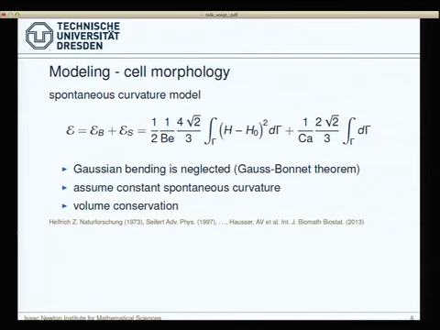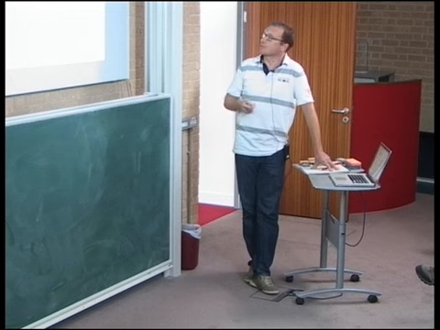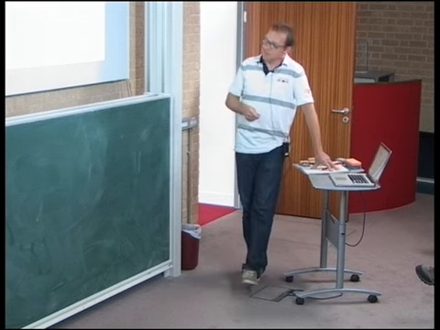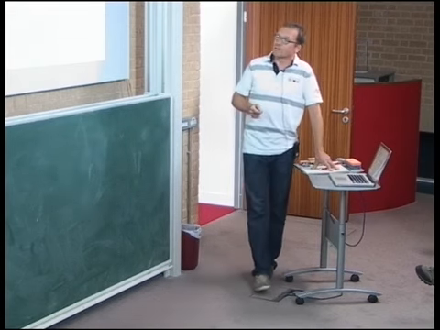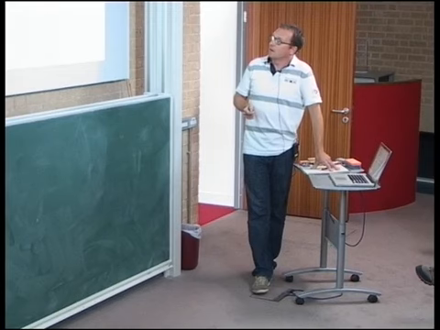However, we neglect this here, and the reason is that for simplicity we assume that these material parameters are constant, and we are not considering any topological changes. So it's just related to the Euler characteristic and gives a constant to the energy, so we don't need to take this into account for the minimization of the energy.